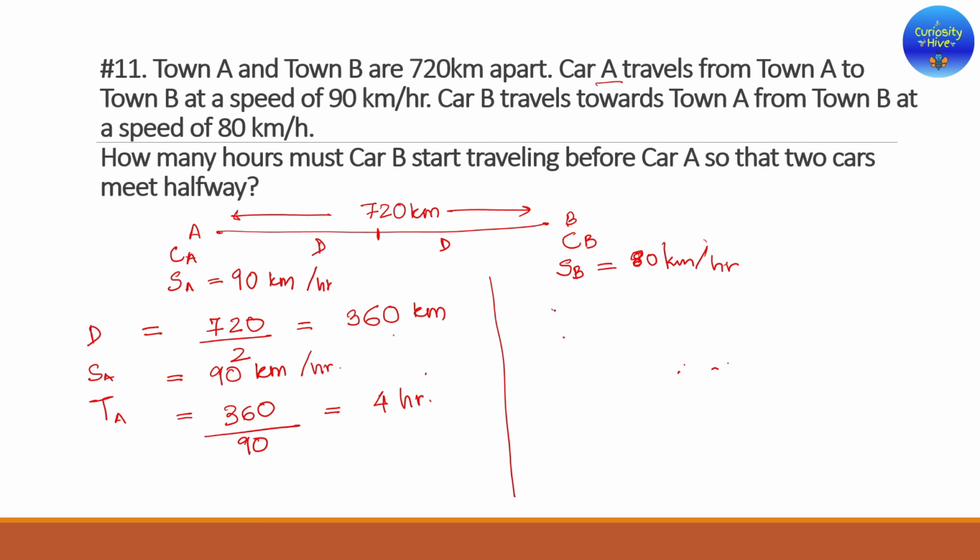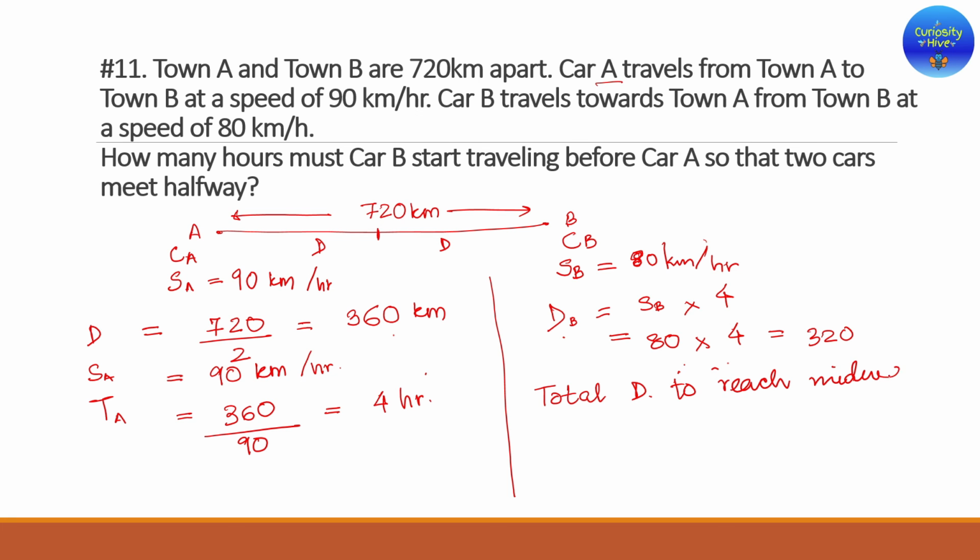Now, in 4 hours, how much would be the distance covered by B? So, distance covered by B would be speed B into 4 hours, which is equal to 80 into 4, which is 320. So, that means in 4 hours, it would have covered 320. But the total distance to reach midway is equal to 360 minus 320, which is equal to how much? 40.